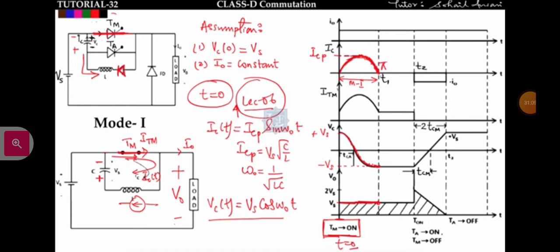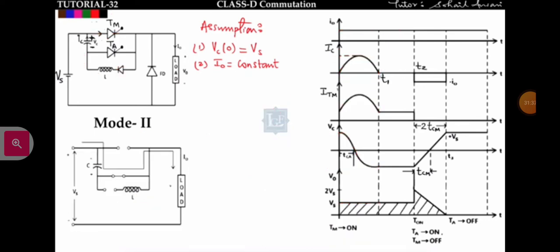So what will be ITM? In mode 1, ITM is equal to I naught plus IC of T. Let us say I naught is constant. If I add I naught and IC of T, I get ITM. So ITM will be like this: I naught plus ICP sine omega naught T, from 0 to T1.